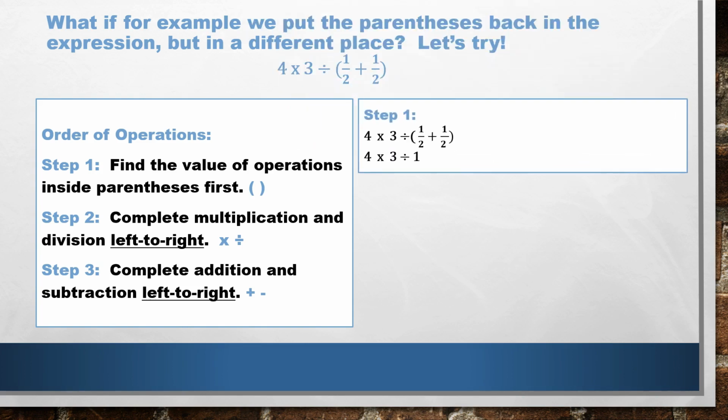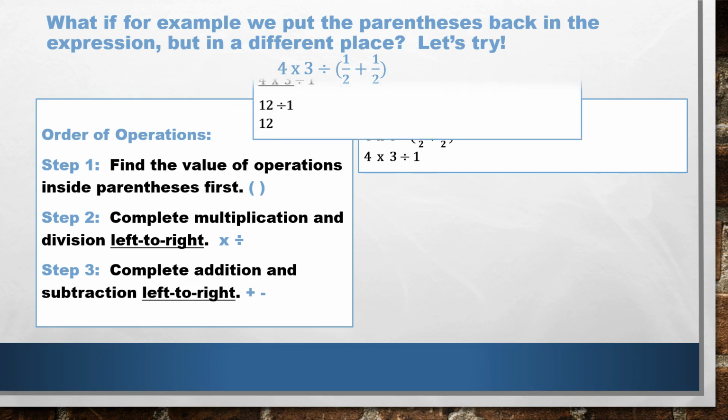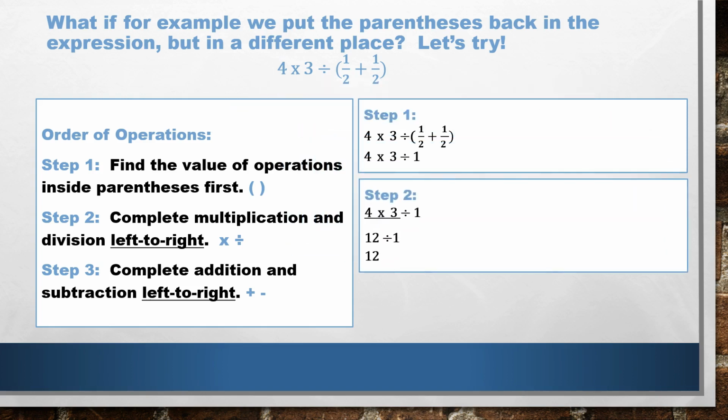The first step is to find the value of the operations inside the parentheses. Since 1/2 plus 1/2 is inside the parentheses, we will do that part first. 1/2 plus 1/2 equals 1 whole. Now we have 4 times 3 divided by 1. Step 2.